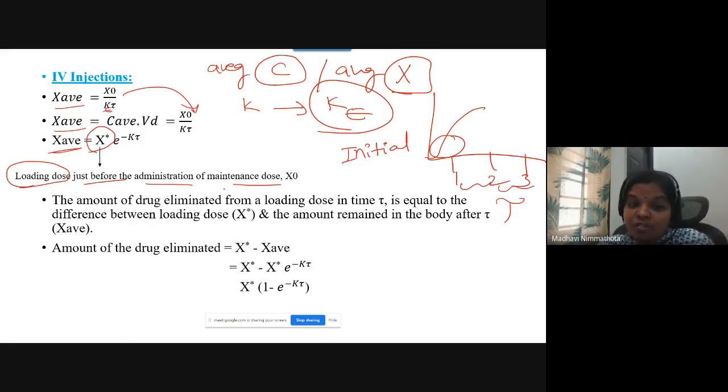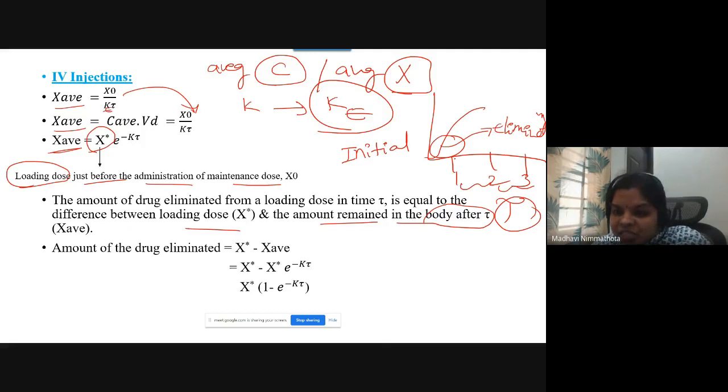The amount of the drug eliminated from your loading dose at the time interval tau is equal to the difference between the loading dose and the amount remaining in the body after tau.